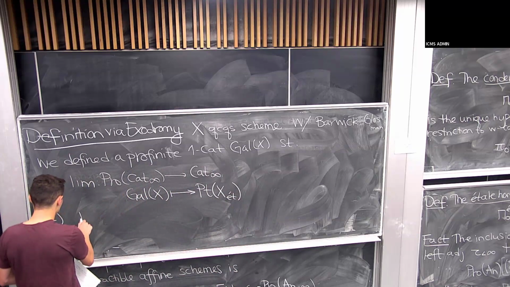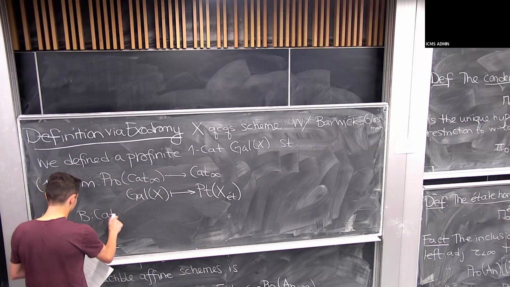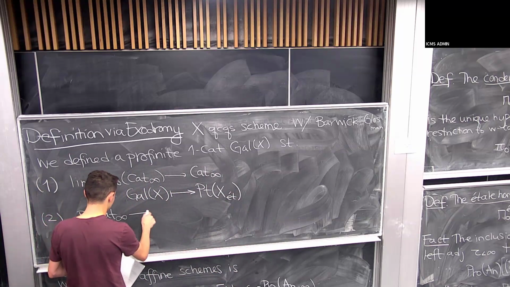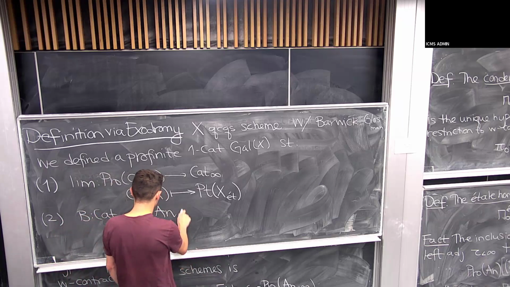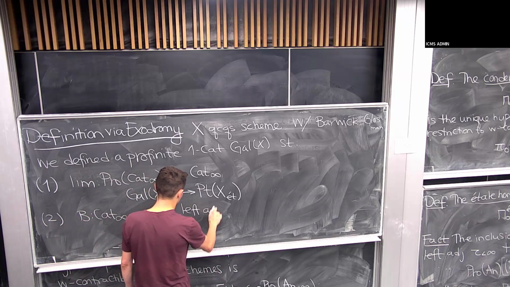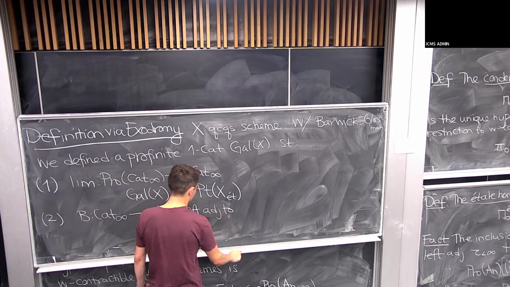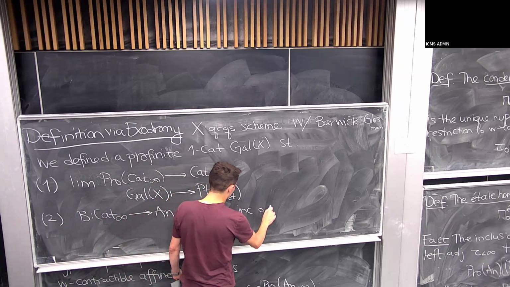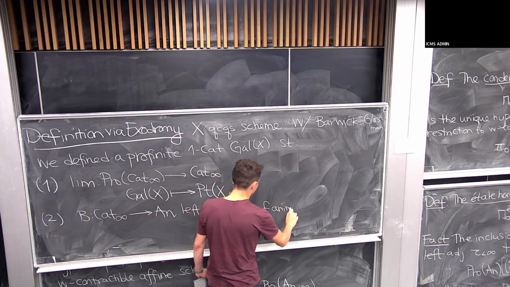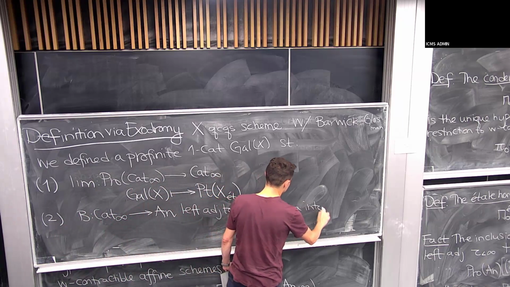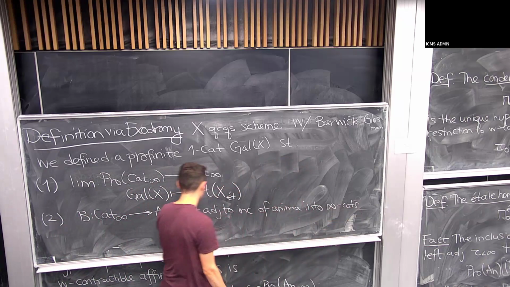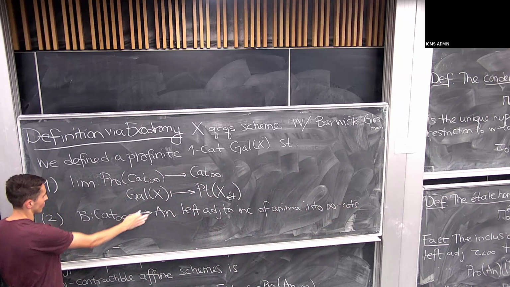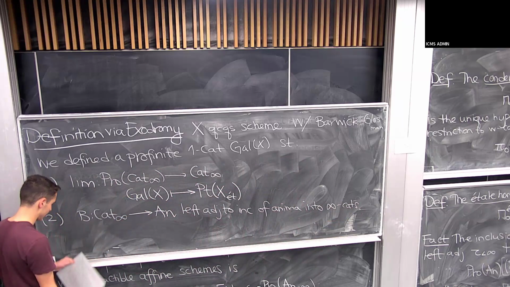So let me write B. I think Clark wrote this as N, but I write it as B, not because I love the notation, but because I'm used to it. It's the left adjoint to the inclusion of anima into infinity categories. So this is just saying you invert all morphisms in your infinity category.